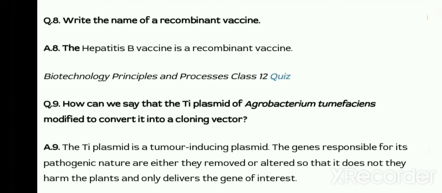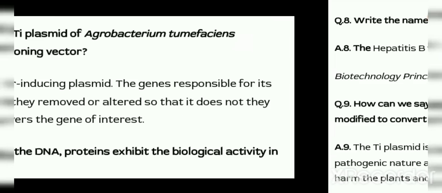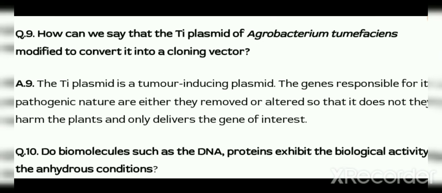The genes responsible for its pathogenic nature are either removed or altered so that it does not harm the plants and only delivers the gene of interest. So this is the thing.